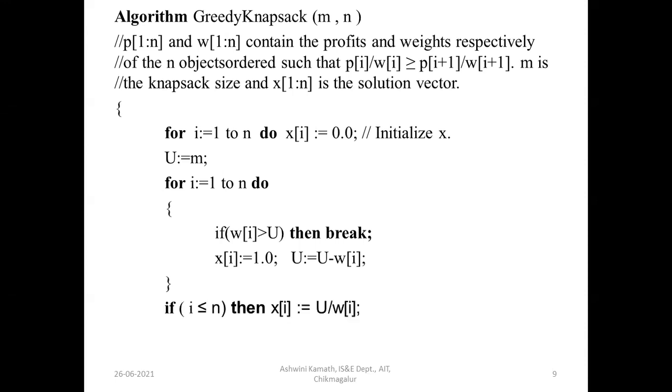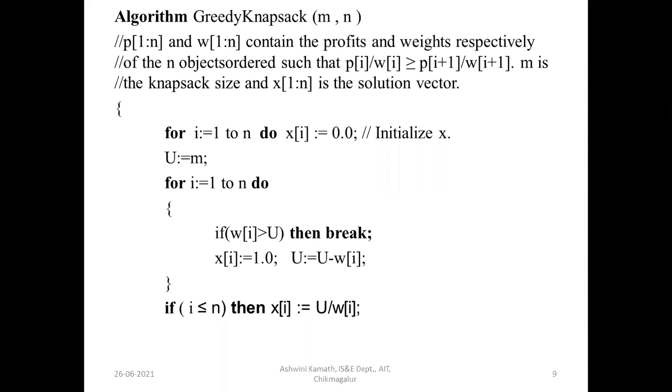If i is less than or equal to n, then x of i is equal to u divided by W of i. So if the last item cannot be added entirely but capacity of the knapsack is still remaining, for example 2 kg remaining, then the ith item which I was checking can be added by a fraction of it.